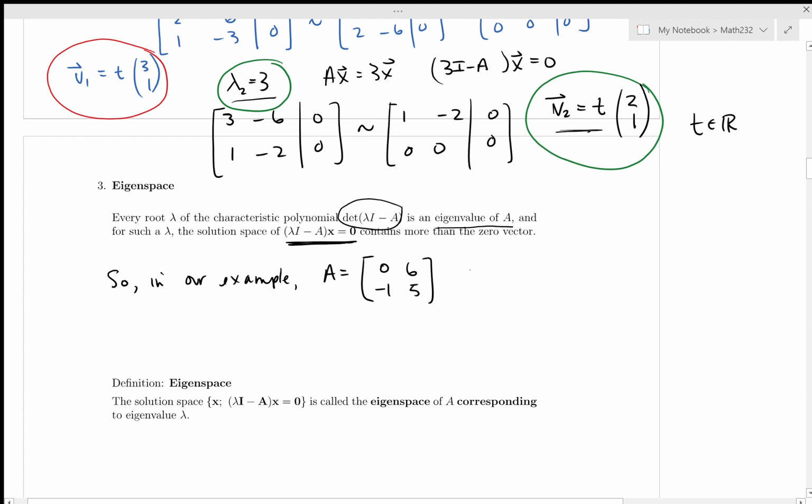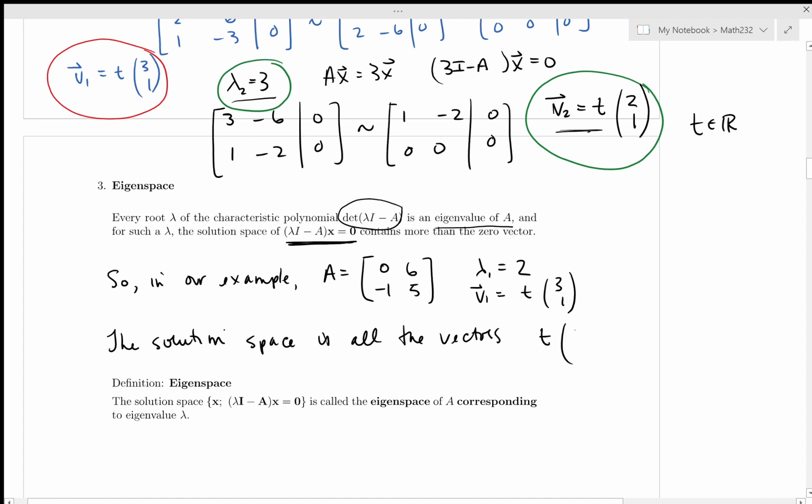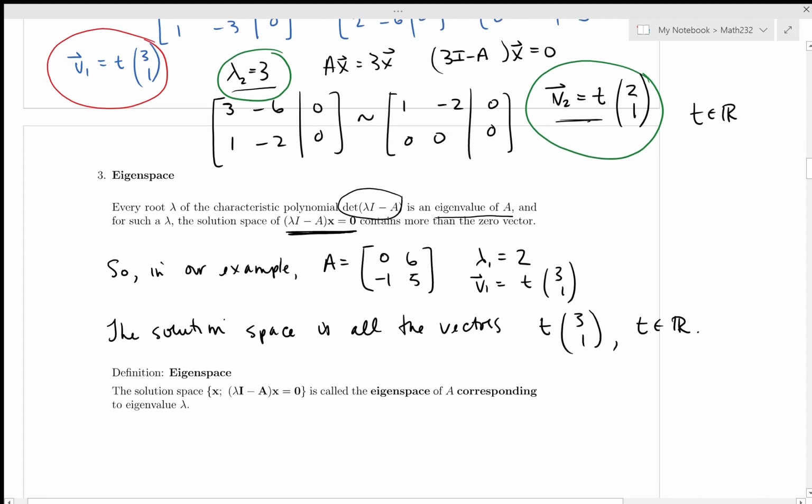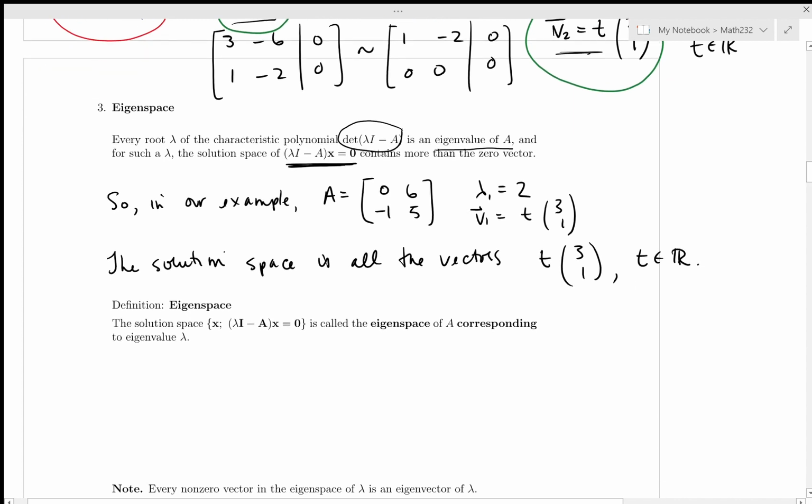We found one of the eigenvalues to be 2, and we found that the corresponding eigenvector was this. Okay, and then the solution space is all the vectors t times (3, 1), t in R.